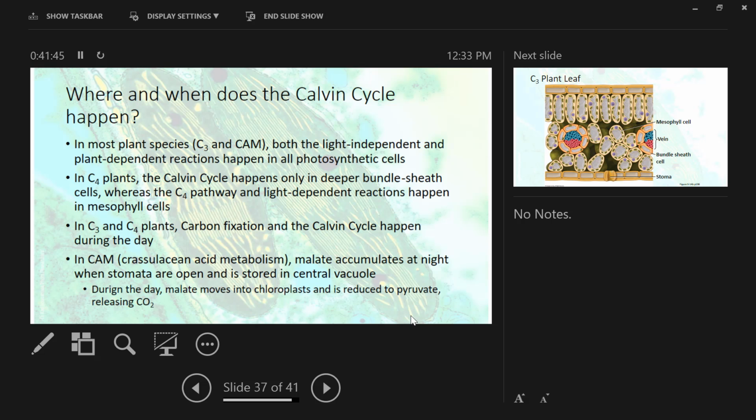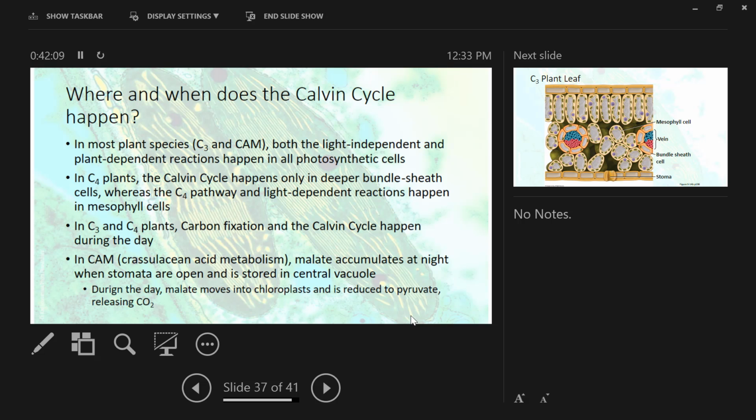Okay, some plants, their strategy is to bury carbon dioxide really deep in the tissues where you're not getting very much of the light-dependent reactions happening. And so if the light-dependent reactions aren't happening, you're not generating a lot of oxygen. And carbon dioxide is buried, sequestered down deep in the tissues where you're not generating a lot of oxygen.